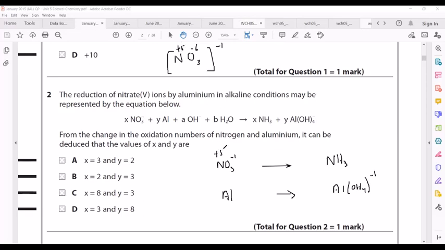And in NH3, each hydrogen is plus 1, so 3 hydrogens are plus 3, so nitrogen should be minus 3, because when two non-metals are there, the one which is more electronegative should have the negative oxidation number.